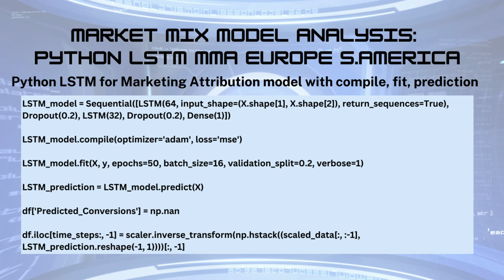Then the model was fit with epochs. You have to test the number of epochs to get the best size, and the batch size and the split and all that. But then you get a prediction model. Once you get that, you're good. Longer epochs sometimes work better. You just got to play with them. Then for the conversions for the predictions, we create a scaler and inverse the transformation using a stack, and then we got ourselves a reshaped prediction model.